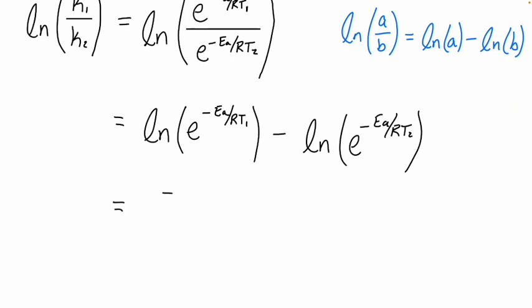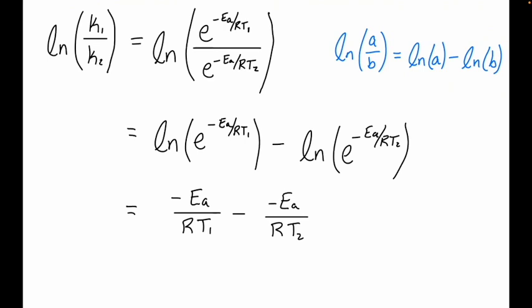So I get negative EA over RT1 minus negative EA over RT2. And again, this is equal to the natural log of the ratio of the k's.